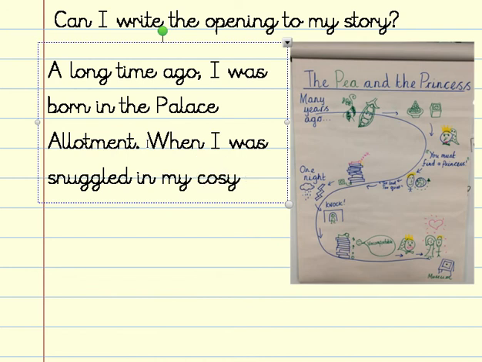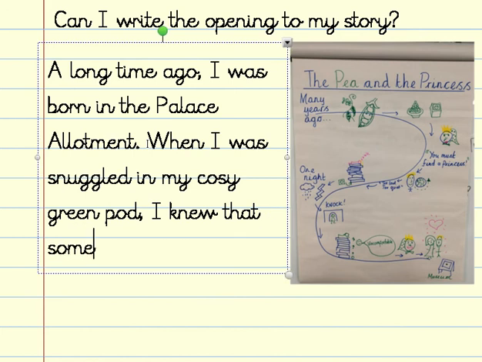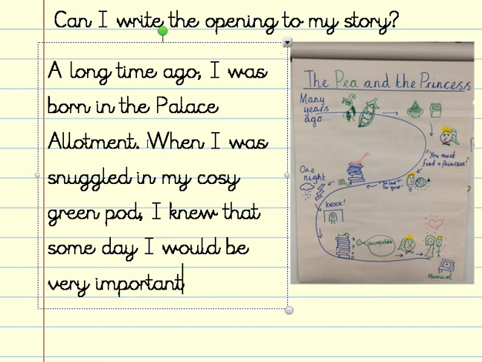In my cosy green pod, I knew that someday I would be very important. Okay, let me read back what I've written so far. A long time ago I was born in the palace allotment. When I was snuggled in my cosy green pod, I knew that someday I would be very important.